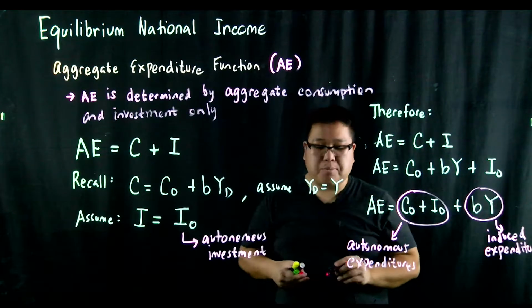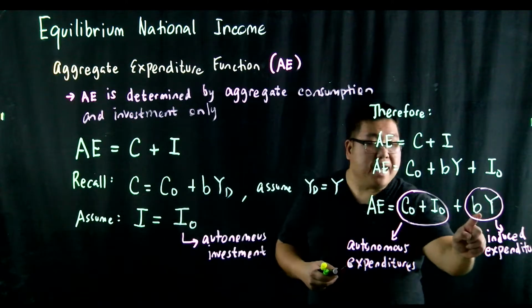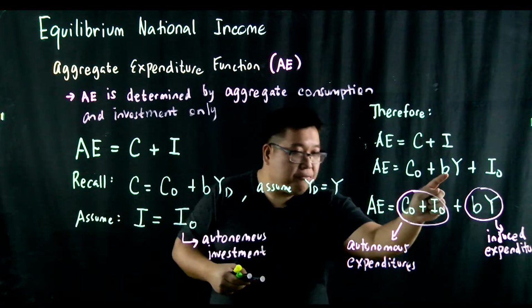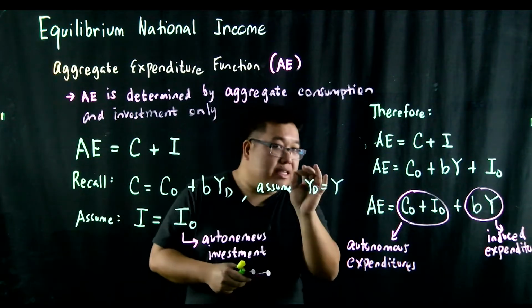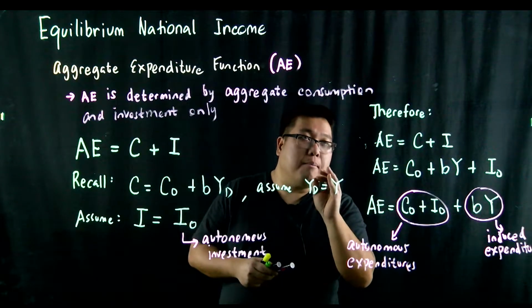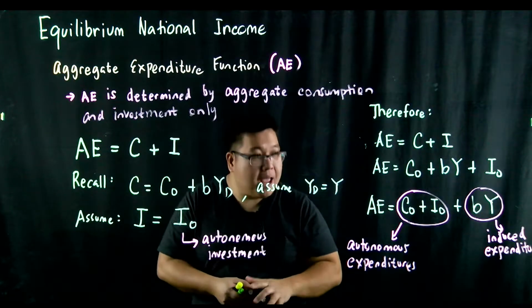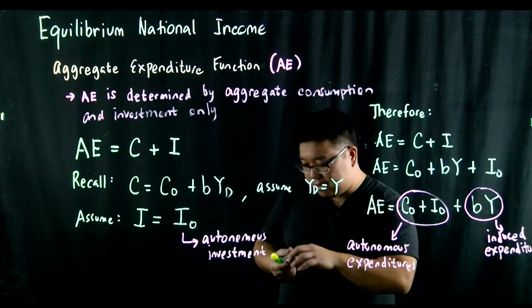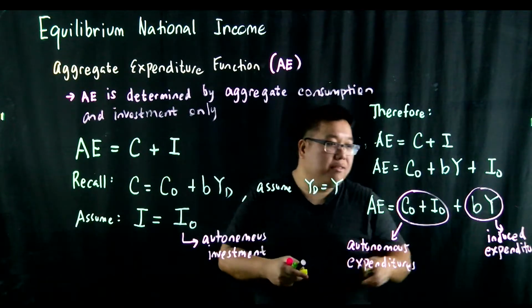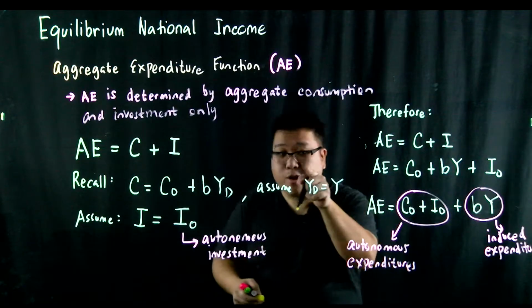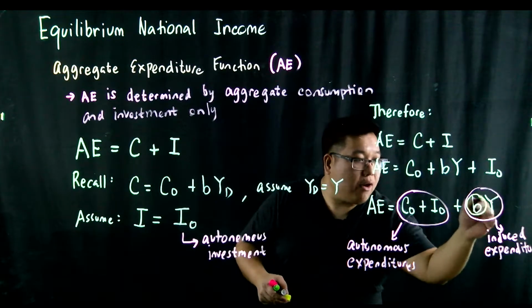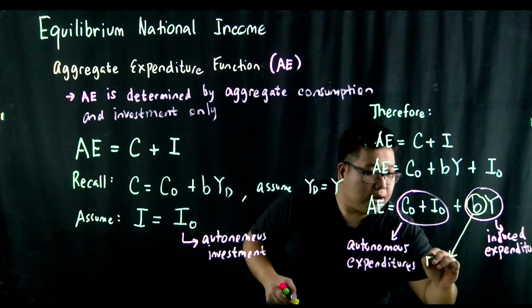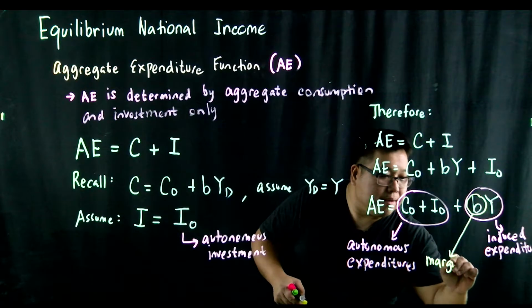Now, this B from the consumption function is called the marginal propensity to consume. But once it enters the AE function, it's now called something else. Economists call this B, once it enters AE, marginal propensity to spend.